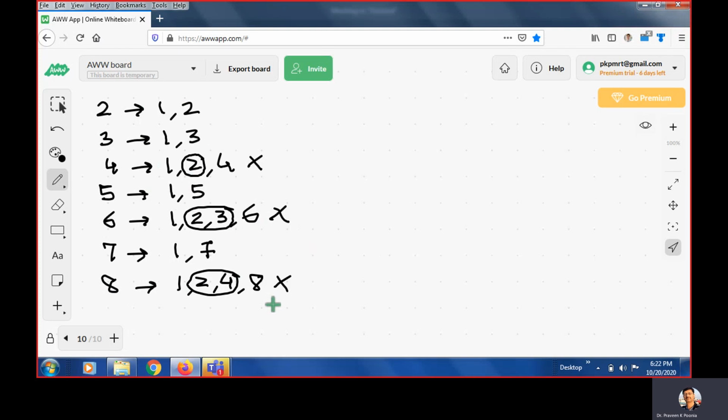So you need to find all possible factors of a number. If it has proper factors, then it is not a prime number. You need to check it. Like 9: 1 is there, 3 is there and 9 is there. So a proper factor is available. So 9 is not a prime number. 10: 1, 2, 5 and 10.